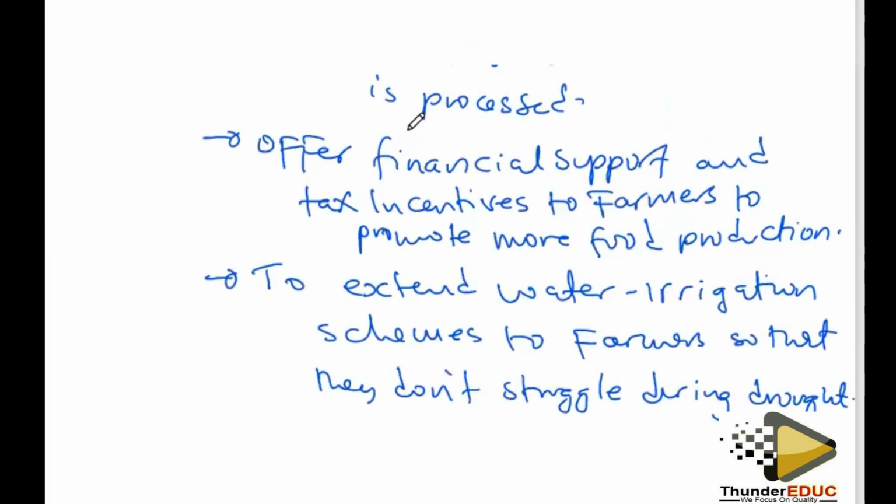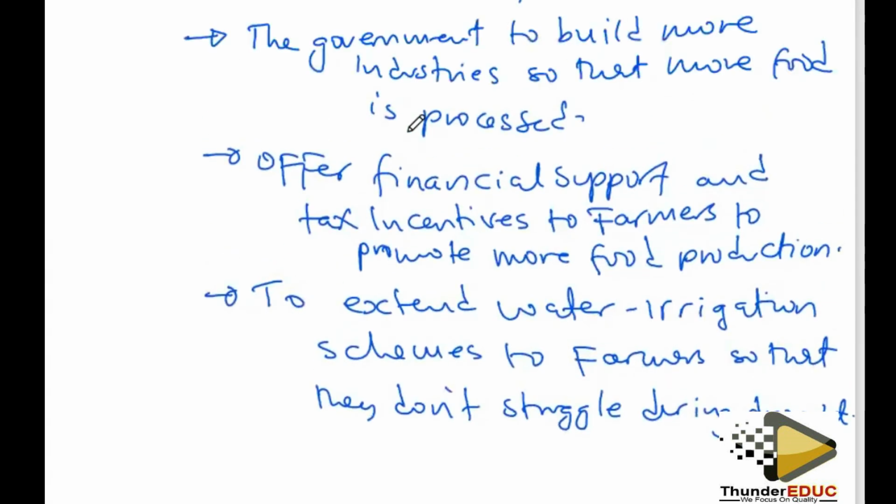So I said the government should build more industries so that more food is processed, because this will reduce insecurity, meaning there will be a lot of food, which could as well result in prices reducing. Offer financial support and tax incentives to farmers to promote more food production.